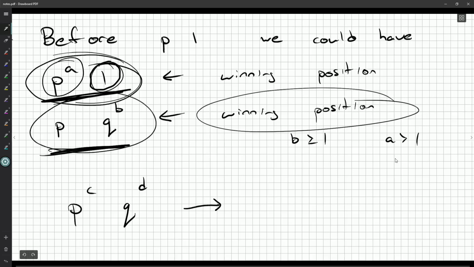So you're either looking at Q to the D being just Q, because then when you choose that side it has to be 1, or you're looking at P to the... but if you gave them that, why couldn't they choose PC? Well, I suppose if it was just PQ. So PQ is a losing position.